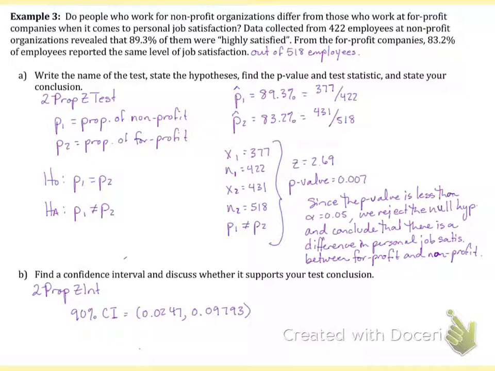So what this is saying is that we're 90% confident that between 2.5% and 9.8% more people working for nonprofit companies have higher job satisfaction than employees working for for-profit companies. So again, this confidence interval represents the difference between these two samples.